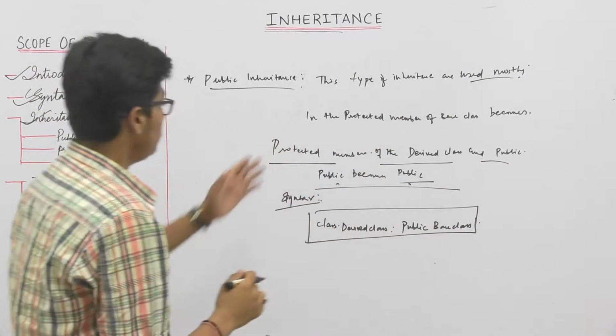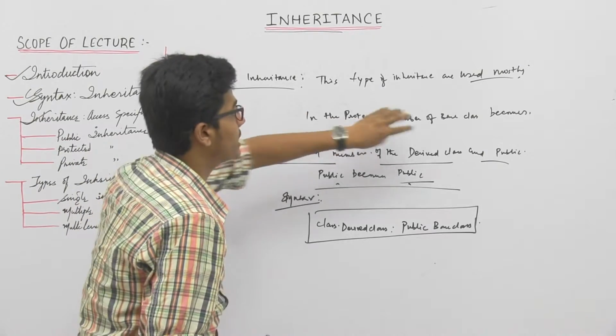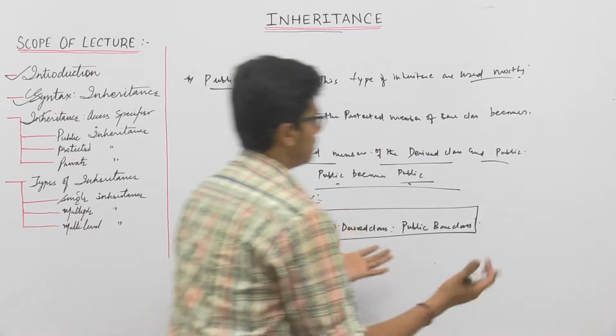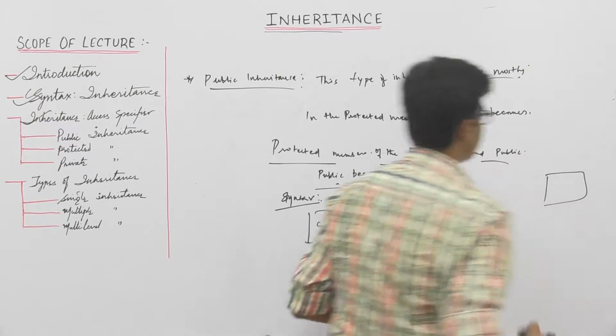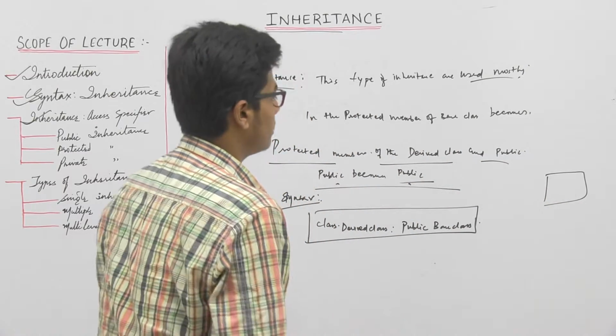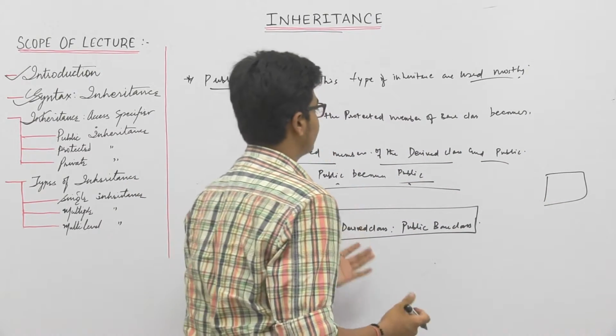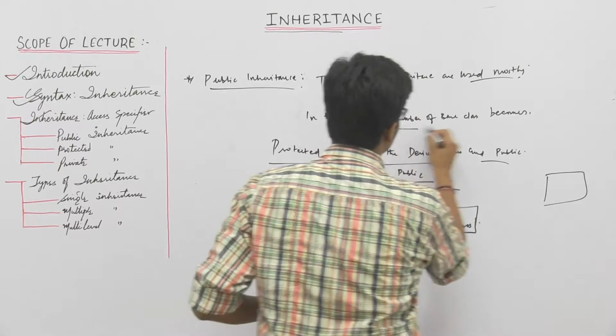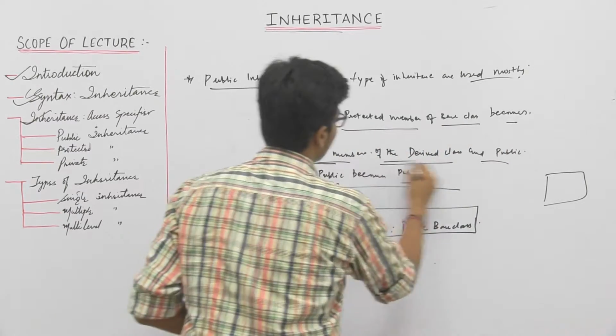The protected member of the base class: what is protected? In protected mode, data member accessibility is protected and is not shared with all classes. The protected member of the base class becomes a protected member of the derived class.